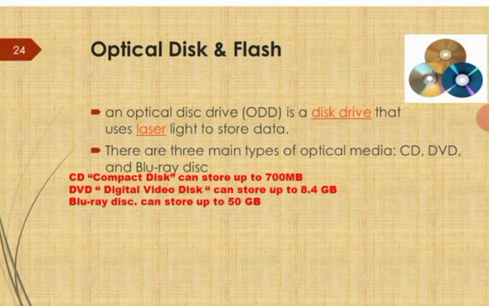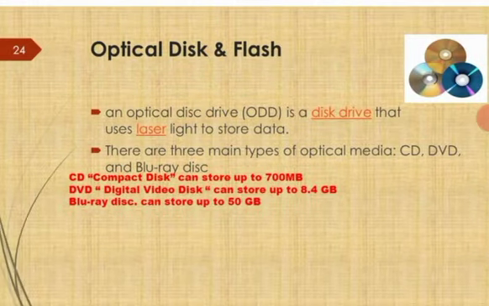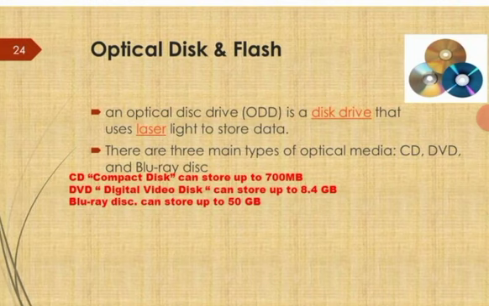The first one, the CD, is a short term for compact disc, which can store up to 700 megabytes. Mostly CD stores music and audio files. While DVD is a short term for digital video disc, and it can store up to 8.4 gigabytes.